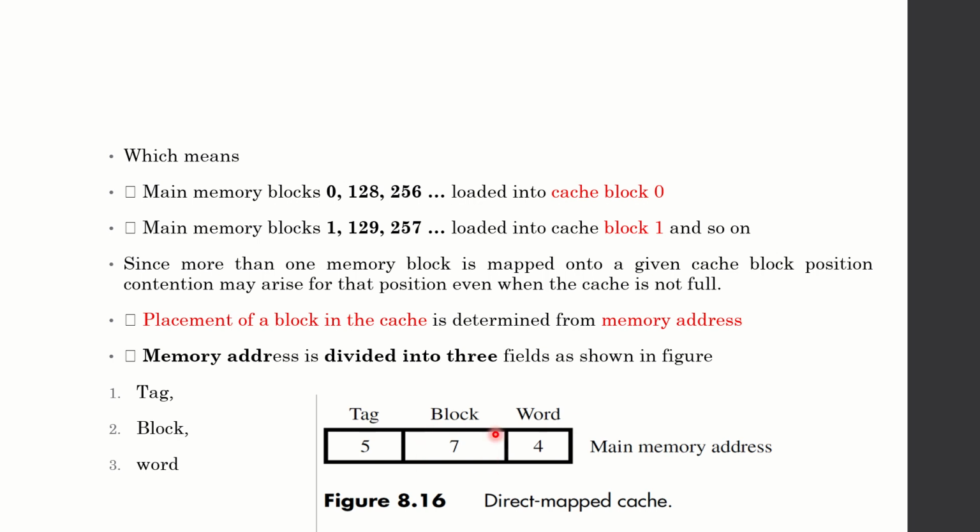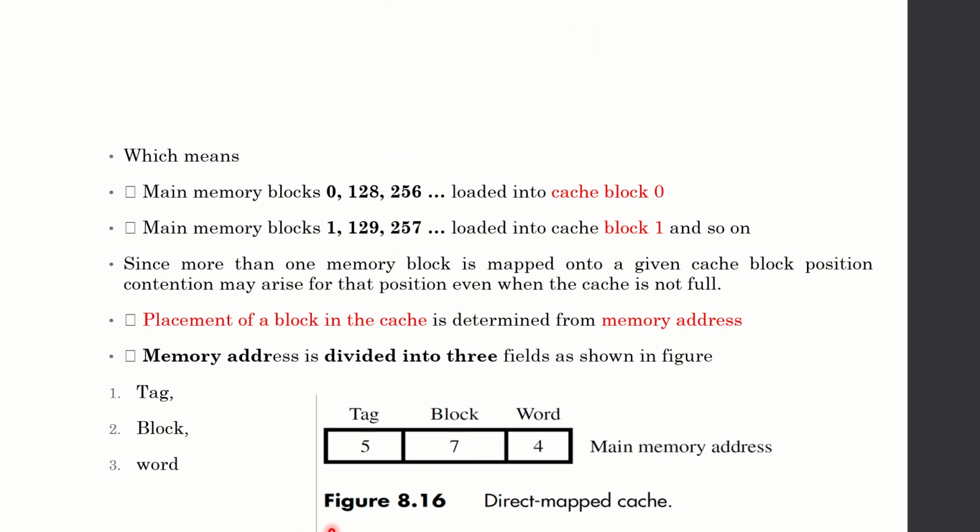Then comes the block field, that is, which cache memory block contains our data. Then comes the tag field, that is, which of the 32 main memory blocks is there inside that particular cache location. Those are the 3 different fields needed for direct mapping.